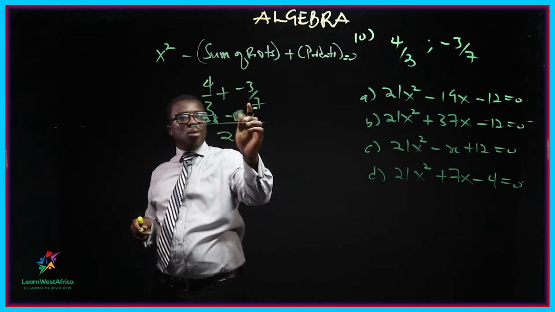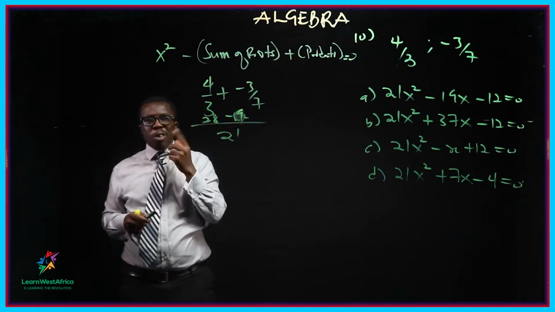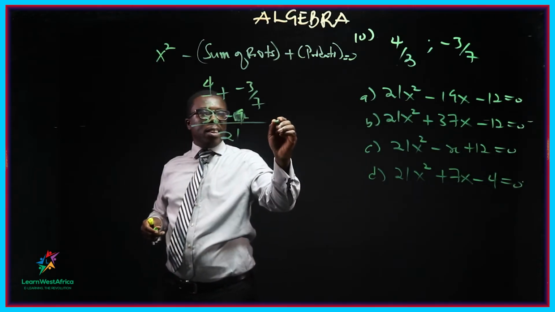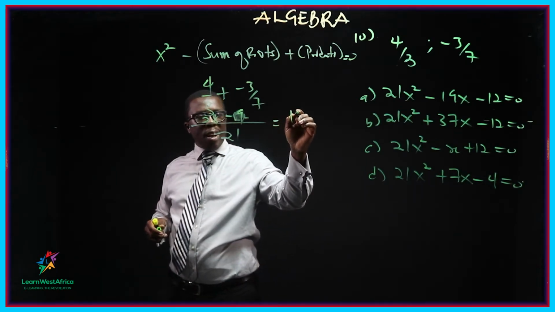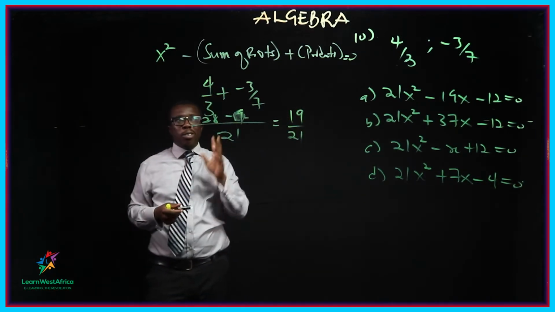Okay, so let's correct that. We have 28 minus 9, which is going to give you 19 over 21.